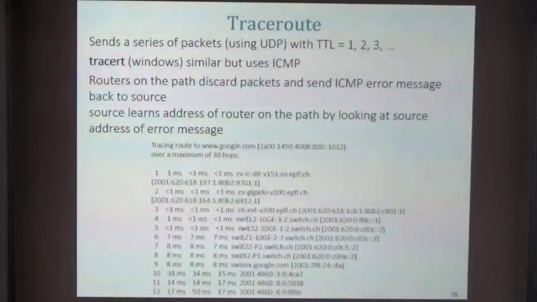We have used the TTL or the hop limit field in the labs already when we use traceroute. The traceroute, so the Unix version, tries to find what is the path to a given destination, and it uses the TTL.